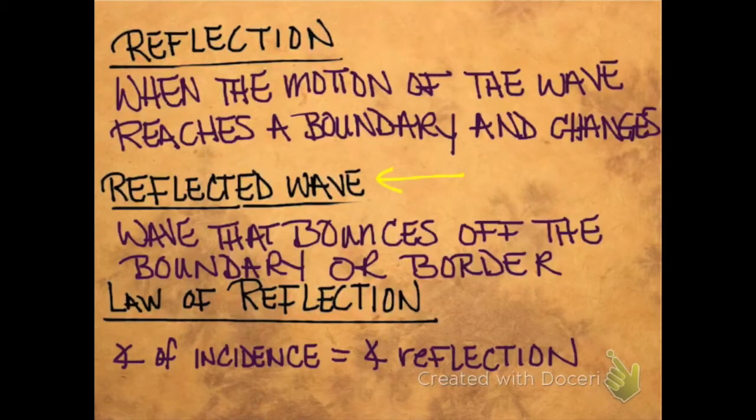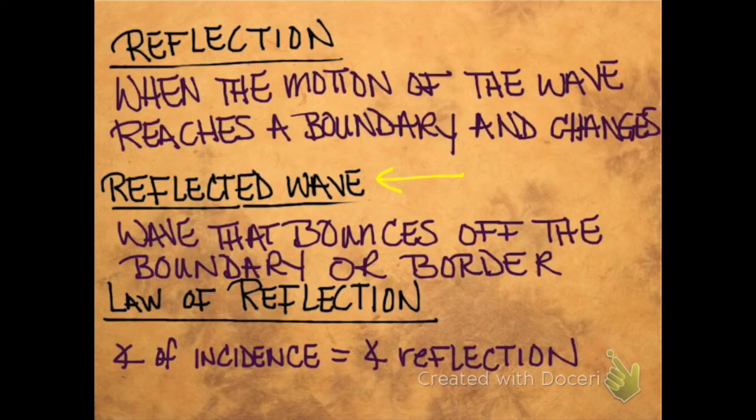This is the wave that bounces off of the boundary or the border that you were watching. So your incident wave comes in, and then it strikes the border or the boundary, and then you have the reflected wave. So incident wave is your original wave. Reflected wave is the one after it bounces off the boundary or the border.